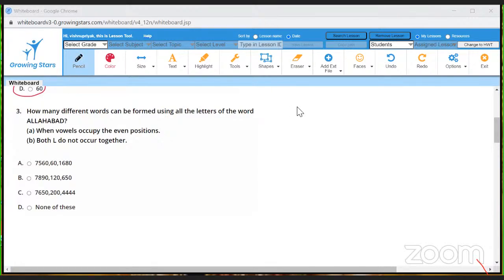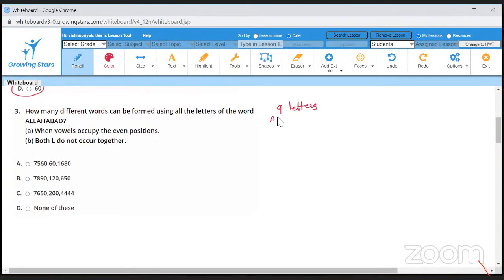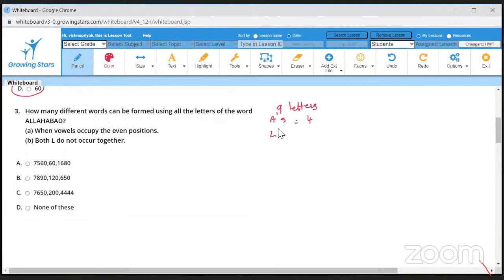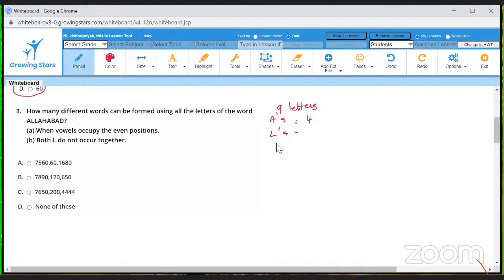Total 9 letters. Out of that, A is repeated 4 times. L's are also repeating, 2 times.